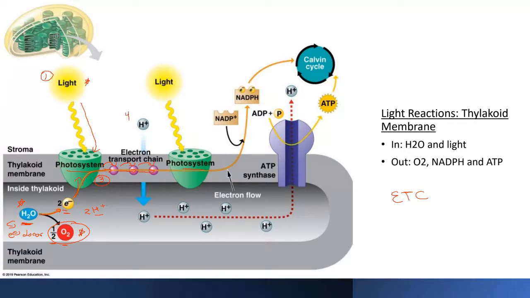For hydrogen ions, the energy of the electrons is used so we can pump hydrogen ions from a lower concentration to an area of higher concentration, building up a hydrogen gradient. There are a lot more hydrogens inside.